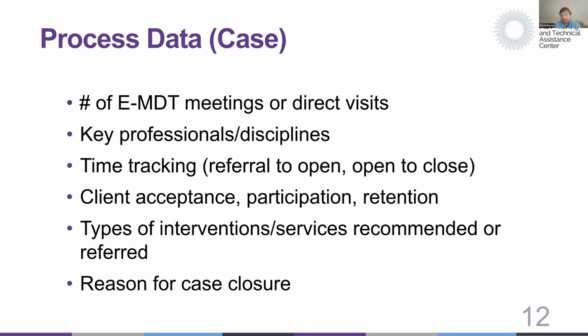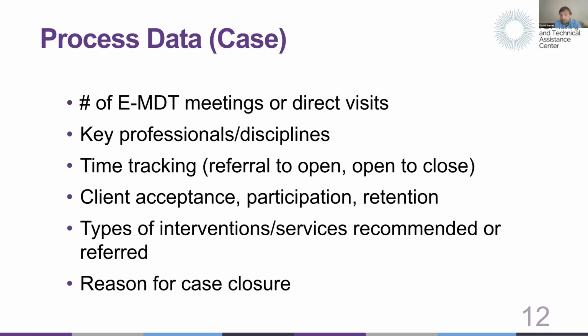Then there's data around client service utilization. Once you open a case, are your clients, your older adults, accepting your services or your recommendations? If you're not working with them directly, to what extent are they participating? If you are recommending or referring X number of services for them, how many of those services are they actually pursuing and completing?